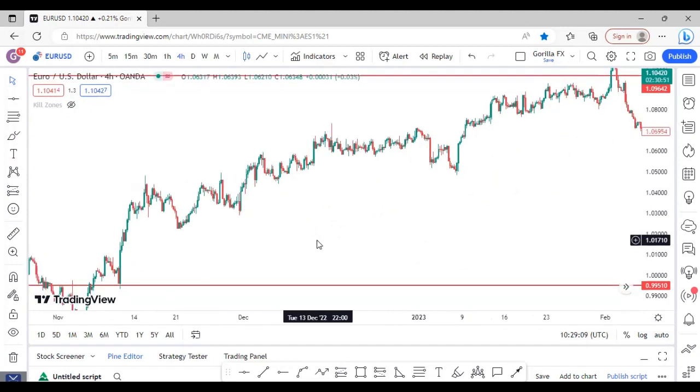So just like you can see, after breaking the zone and giving us the touch, the market literally went from here, from this support to this resistance. So when you see this movement, as you can see, this is a long term move.